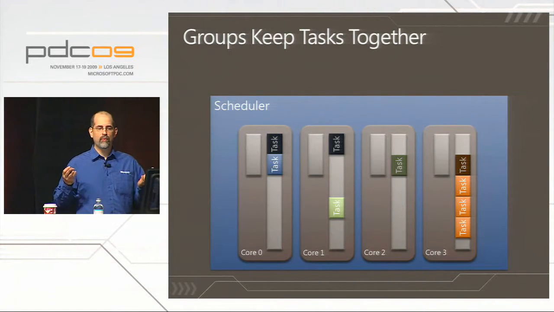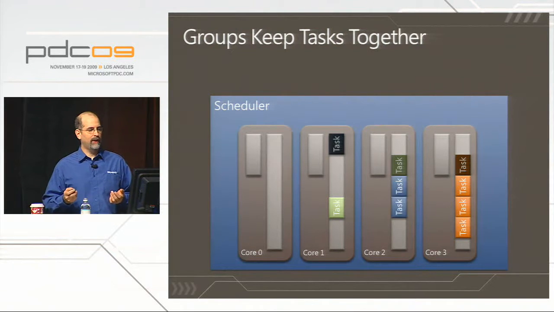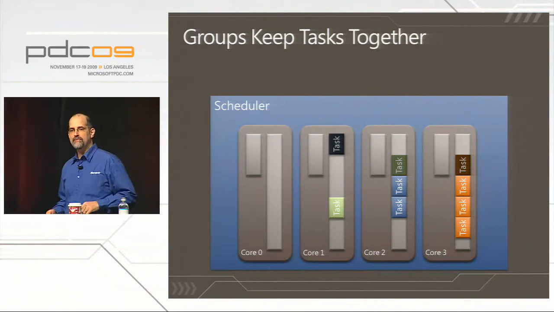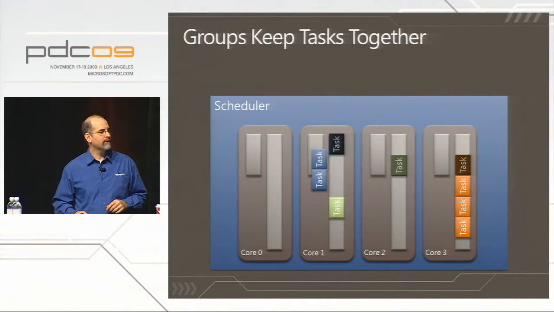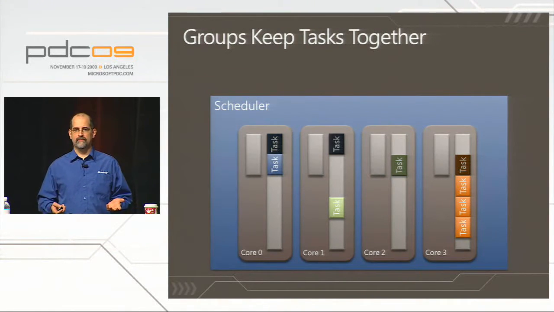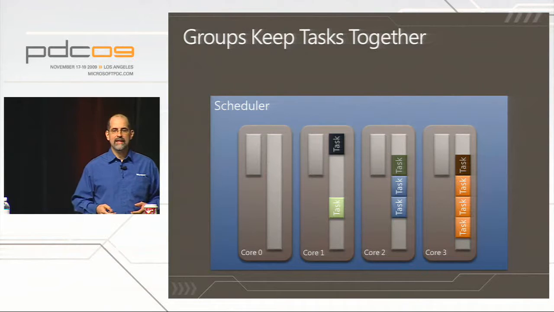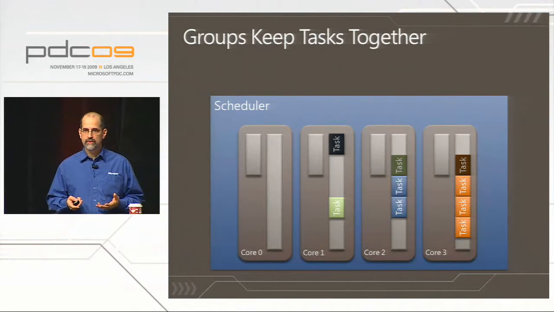Now, what happened there? Let's go back a little bit. I have an empty core. Before, it was running blue tasks. So what tasks is it going to go after? Does it go after the orange queue, which is deeper, or does it go after the tasks that were in the same group that it was just running?